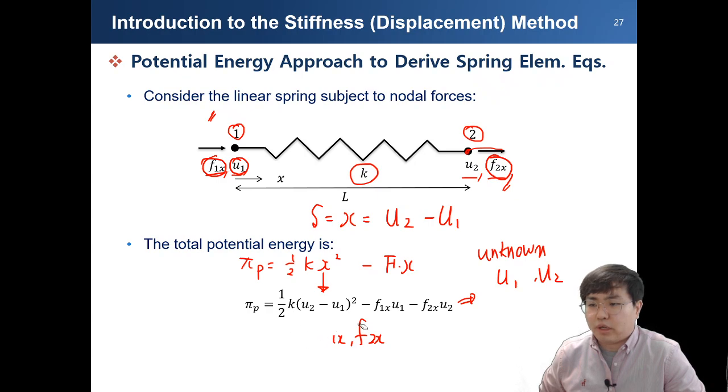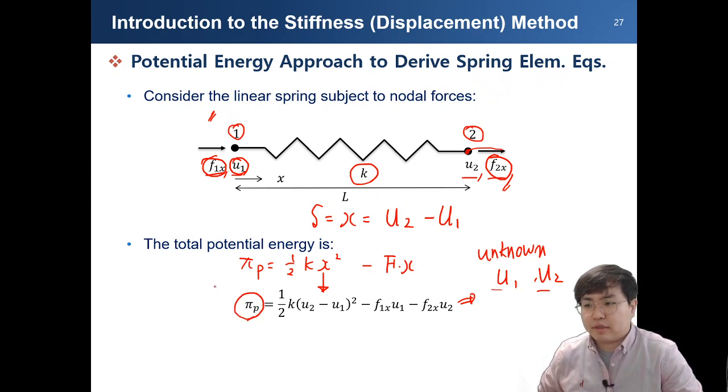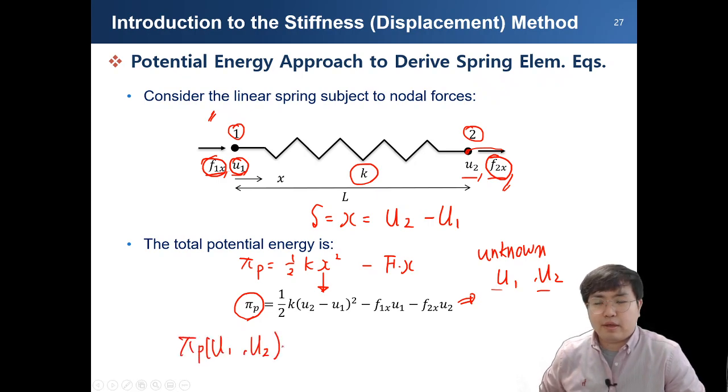So the only remaining variables are U1 and U2. Depending on U1 and U2, the potential energy varies. That means this potential energy is a function of U1 and U2.